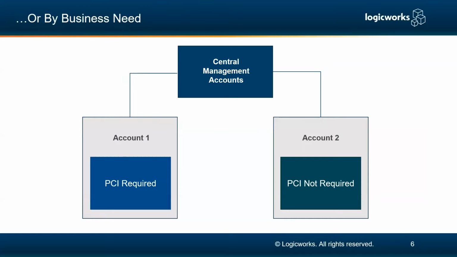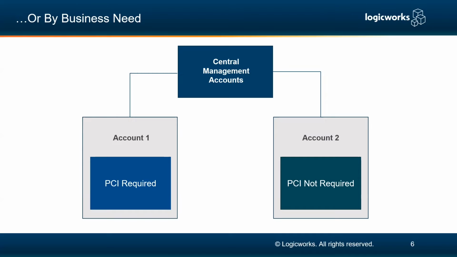Another reason for organizing with multi-accounts is that when you're going through an audit, if you have PCI compliance on the table and you're sitting in a monolith, everything is evaluated, and the time to go through that scope is much longer. But with a foundational organized approach with the multi-account architecture, you can really set up accounts.